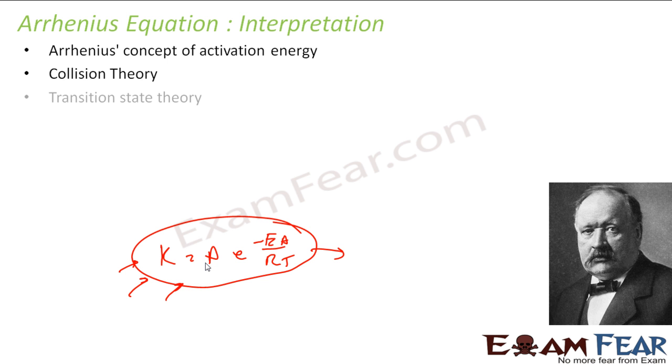First was Arrhenius, who gave this explanation in 1889. Then there was collision theory proposed later. And there was a transition state theory also proposed. We'll not study that; we'll understand only these two theories. Since the Arrhenius concept is totally dependent on the activation energy concept, let's understand the activation energy concept.